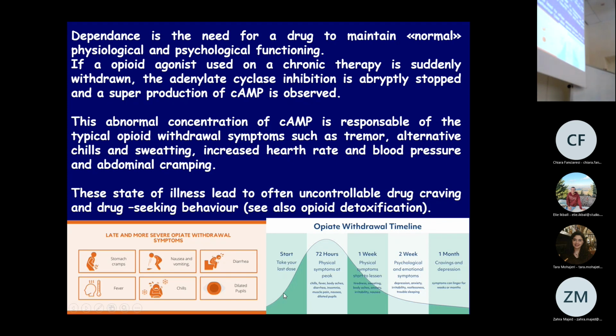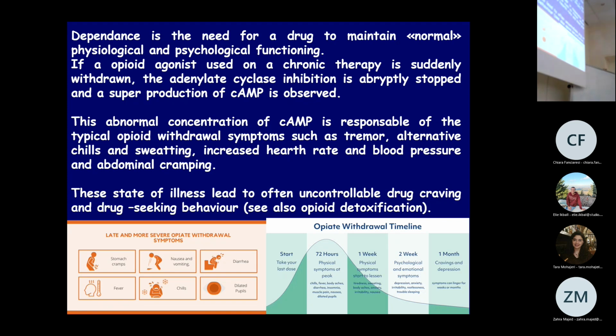You see here the pattern of the opiate withdrawal timeline. At the beginning, after 72 hours, we have the physical symptoms at the peak. Chills, fever, body aches, diarrhea, insomnia, muscle pain, nausea, dilated pupils. And then 1 week, 2 weeks, 1 month, we have a decrease of these symptoms. But after 1 month, cravings and depression. This is the problem.